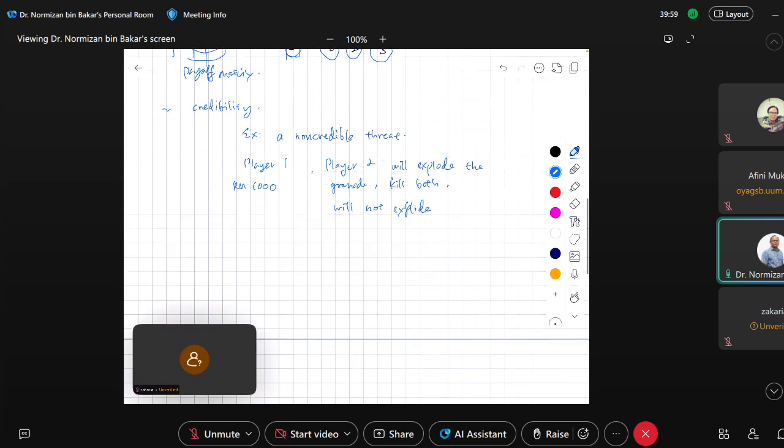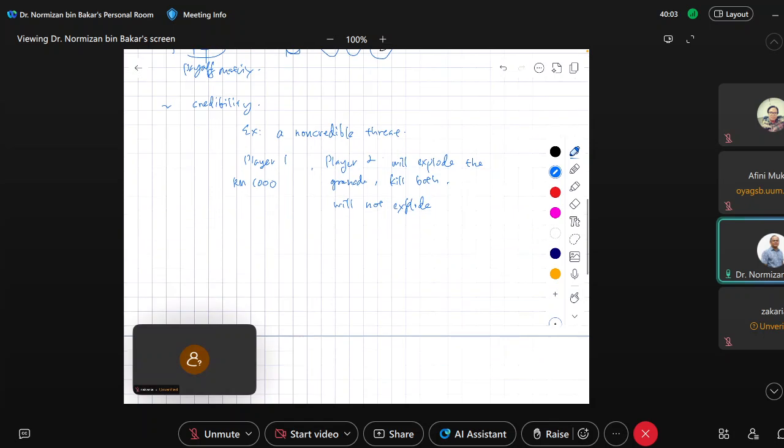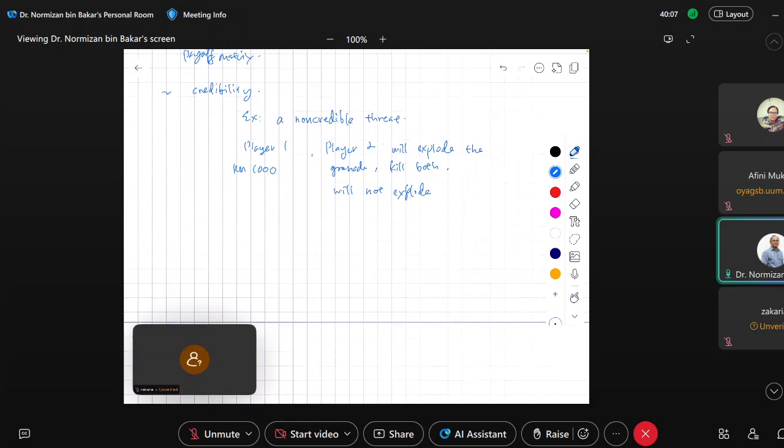So now let's describe this game by using game tree. Why can we use game tree? Because this is a sequential game. Player 2 will not explode if player 1 gives 1,000, and player 2 will explode if player 1 gives 0 ringgit.